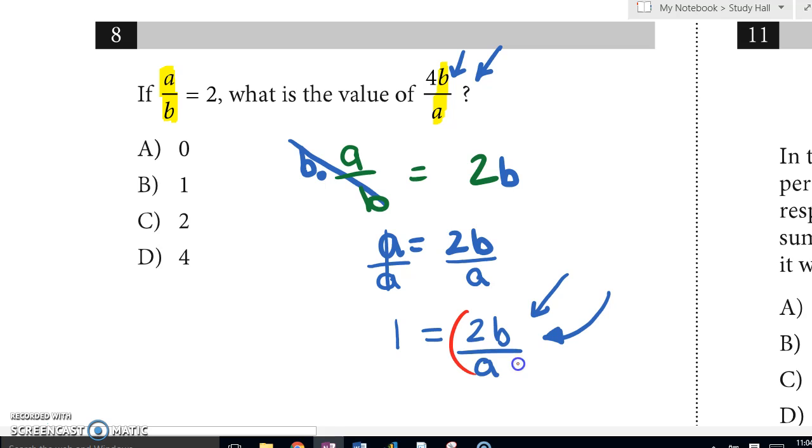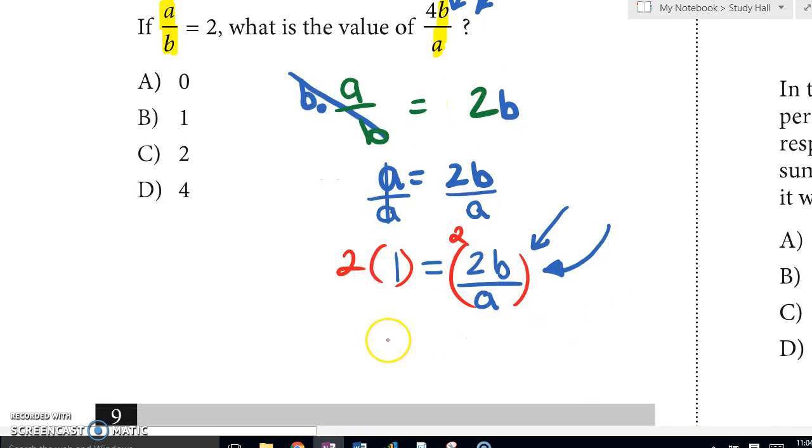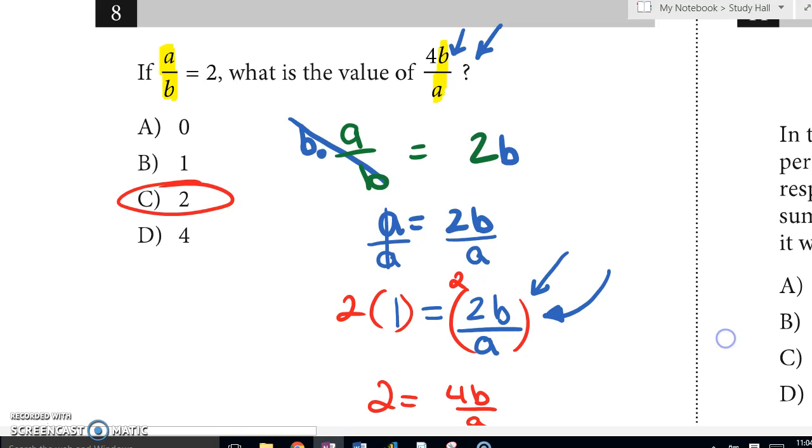We must have multiplied it by 2. And if we multiply the left side by 2, we'd have to multiply the right side by 2. So we'll get 2 equals 4B over A. So what is 4B over A equal to? 2.